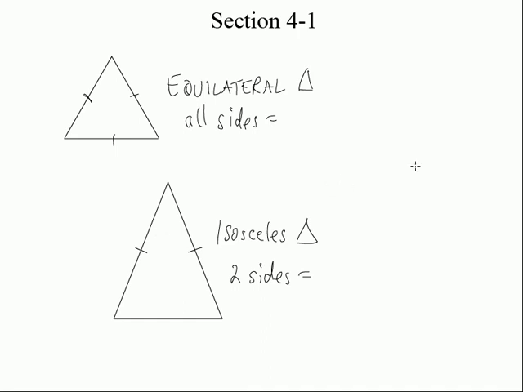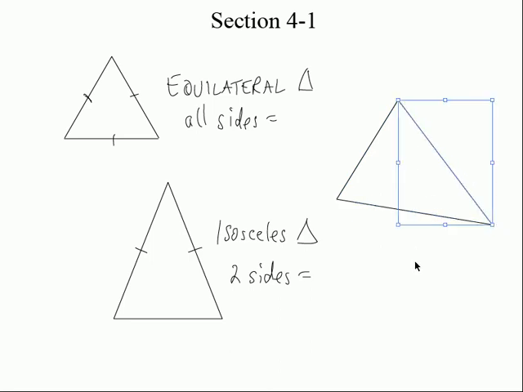Now, what if we had one like this? What if we had a triangle like this, and like that? Now, I did not copy and paste any of these sides, did I? No. So, look, I don't know that any of these sides are equal, and they really don't. Maybe that one and that one's pretty close, but I didn't make them equal to each other.